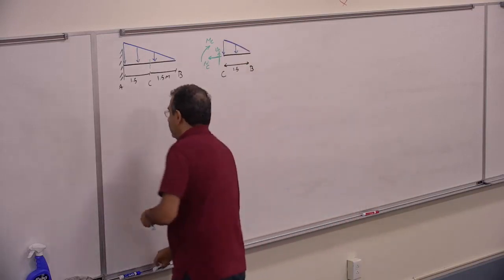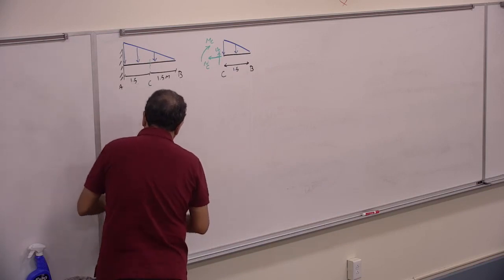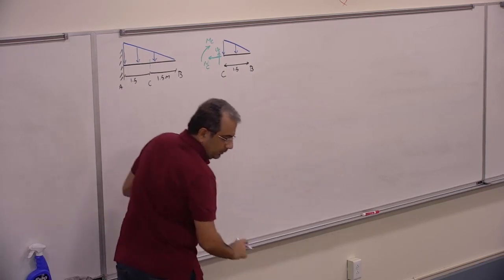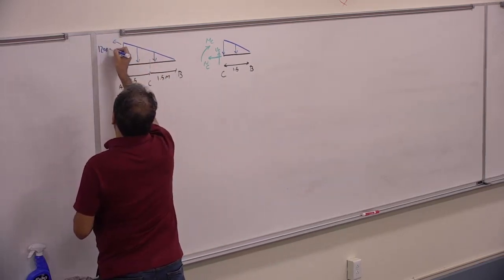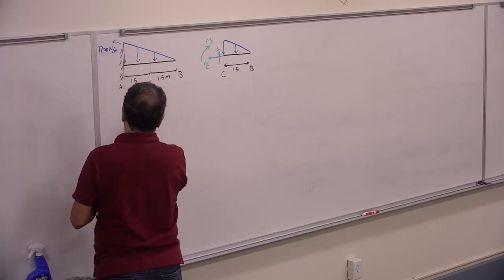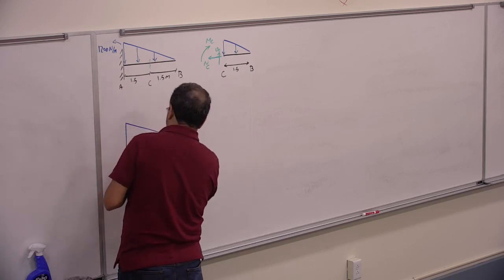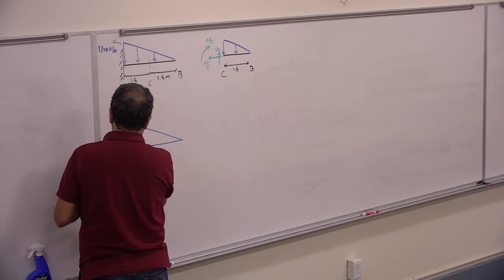So let's draw the entire thing again. If the load I have is like this, how much is that? 1200. So this one is 1200 Newton per meter. So I have this triangle, and this is 1200.